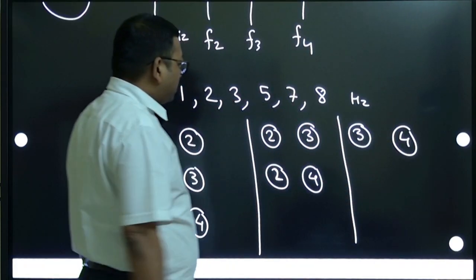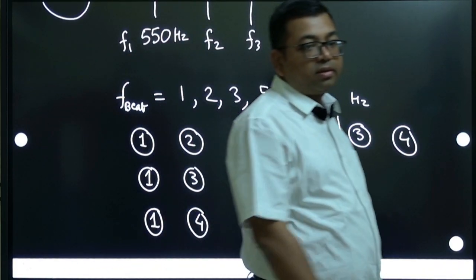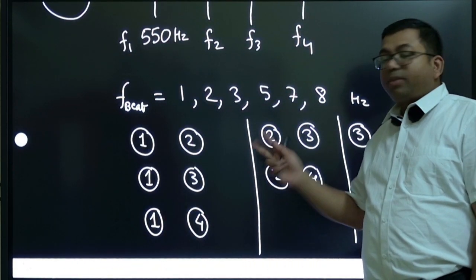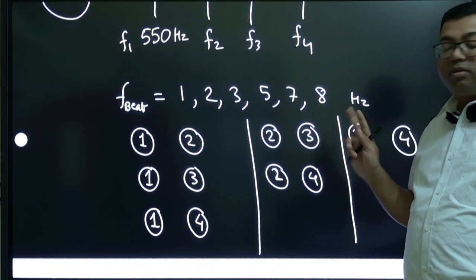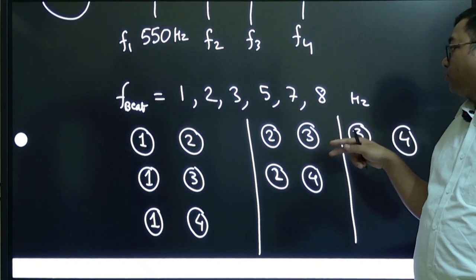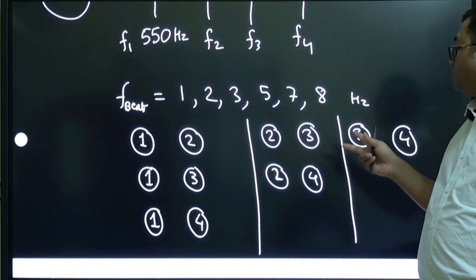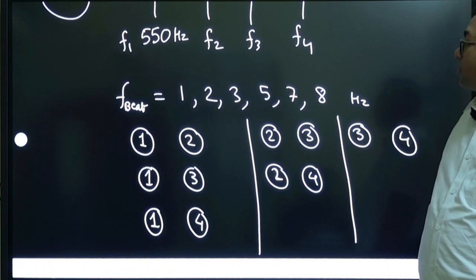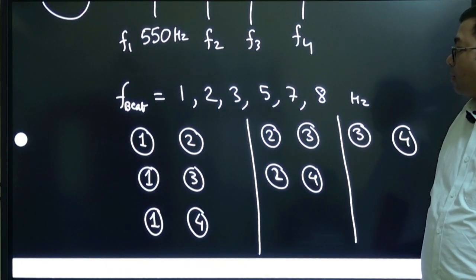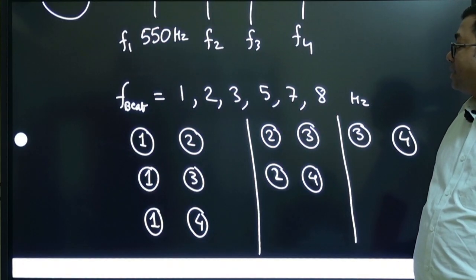Is there any other group possible? No, I think these are the possible groups. You have to make the pairs 1 2, 1 3, 1 4, 2 3, 2 4, 3 4. You cannot take 2 2, the same one, two different forks are needed.